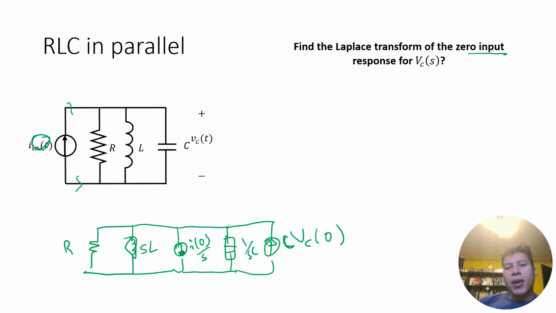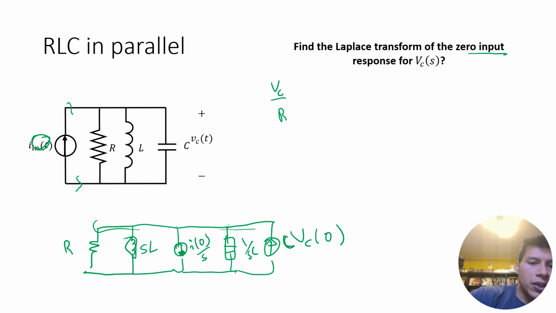So to find the response, we can simply apply KCL at this node. Oh God, what am I doing? Here, I'm just going to not skip steps.